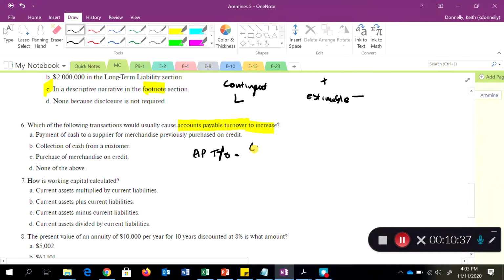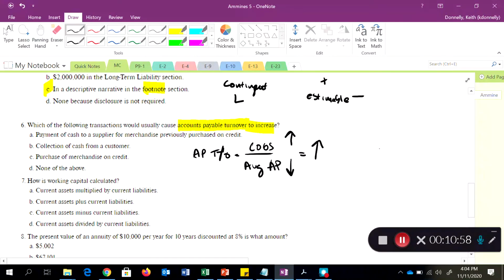equals our cost of goods sold over average accounts payable. And remember, we said with every equation, right? If the numerator goes up or the denominator goes down, the overall equation goes up.